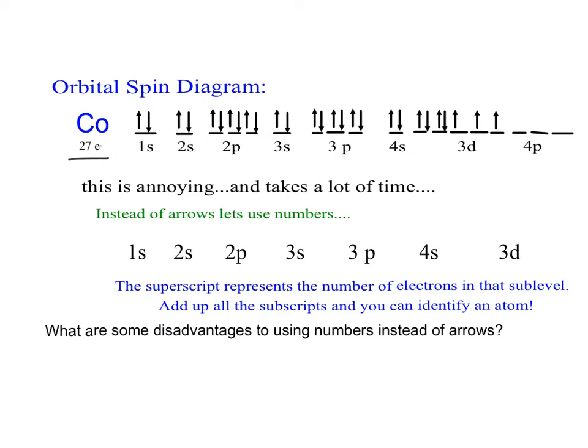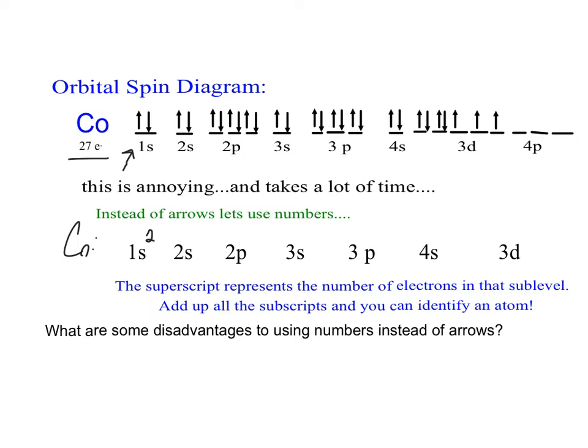If I look at cobalt, so we're going to do this again for cobalt, in the 1s sublevel, I have two arrows. Remember, each one of those arrows represents an electron. So if I have two arrows, that just says that in the 1s level, I have two electrons. So instead of writing this with arrows, I could actually just put a 2. We could say that I have a 1s2.